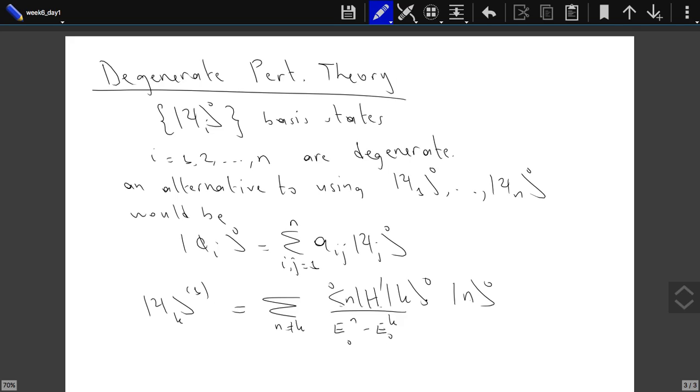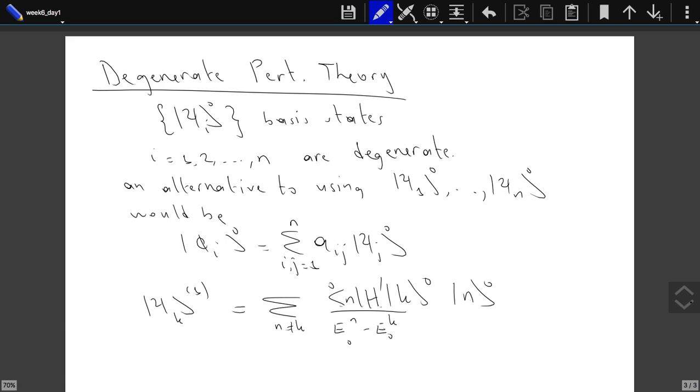So the trick is to set the numerator to 0, to choose a suitable basis. We have infinitely many choices, and we choose one basis for which the numerator, this matrix element, is 0. That is what the trick is about.